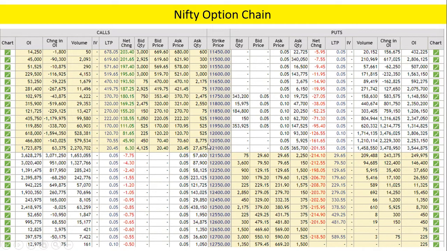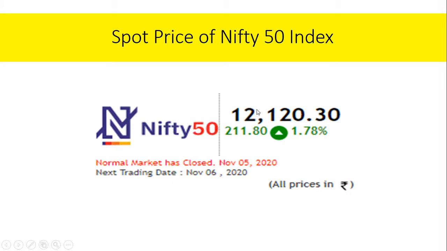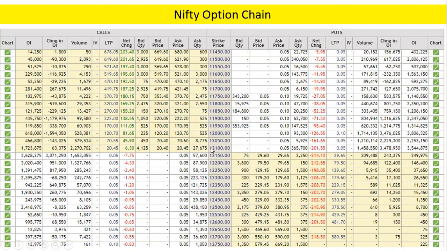So these two are ATM, at the money, because the price is currently 12,120, so this is nearby to this price. 12,100 and 12150 both are ATM, at the money.